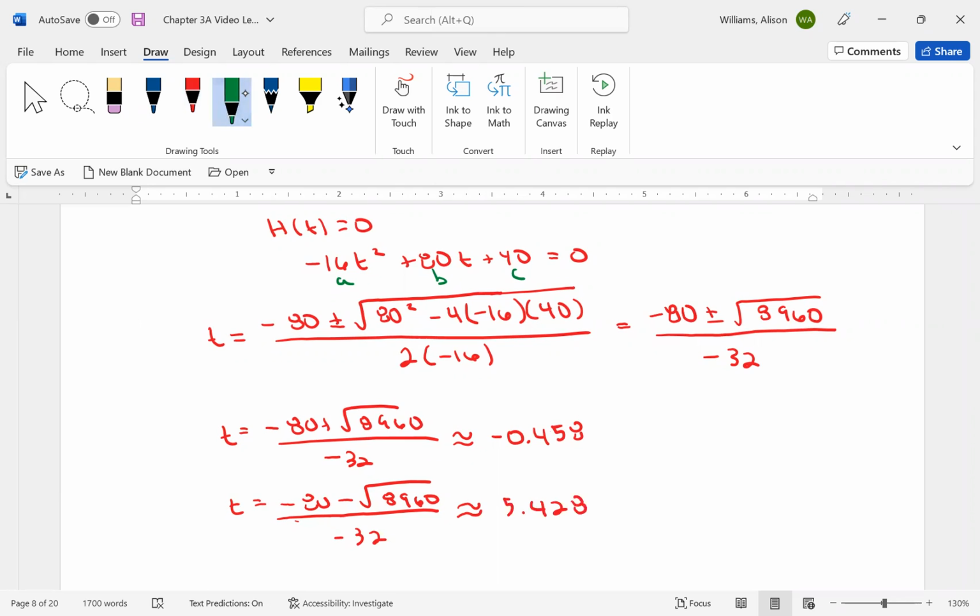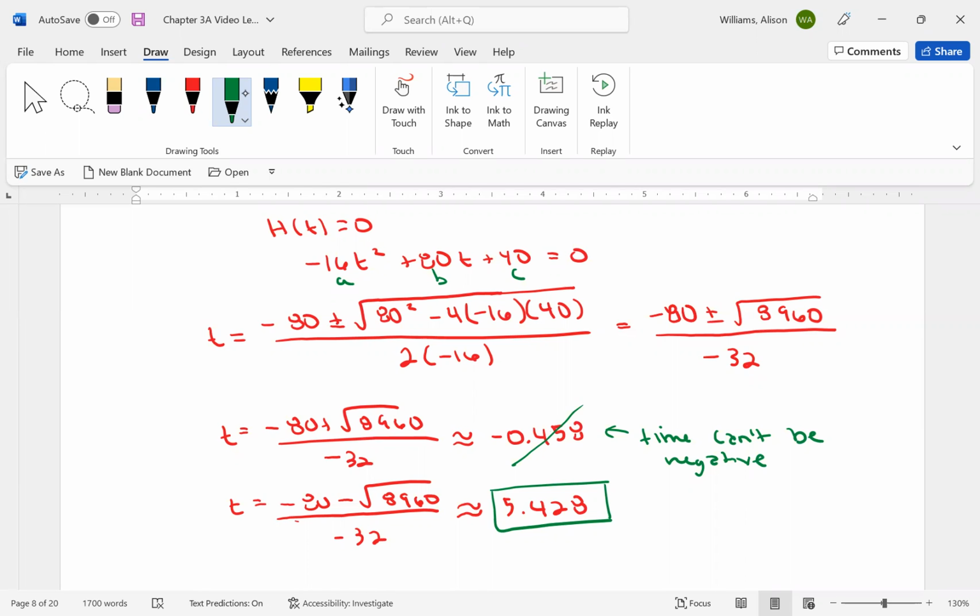Okay, so this answer here, that doesn't make sense, right? Time can't be negative. So this answer is absurd, and therefore we throw it out. That means that this is the time where it's going to hit the ground.